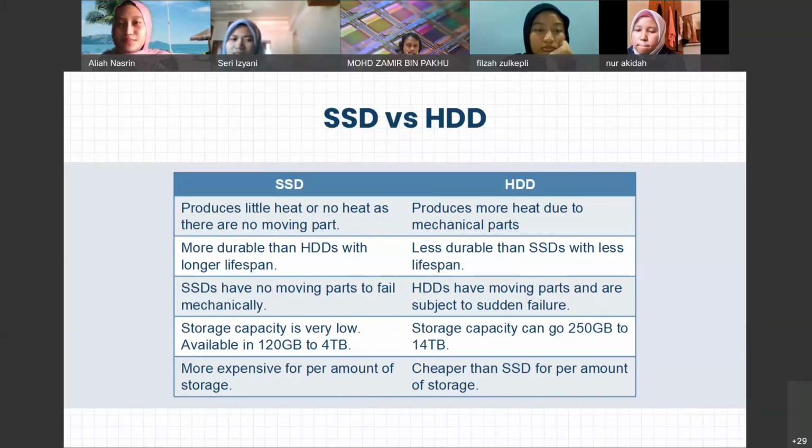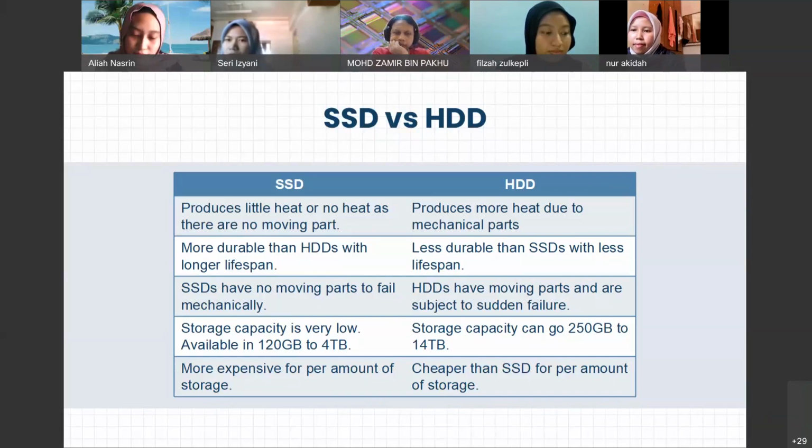The SSD has no moving part to fail mechanically, while the HDD has moving parts and is subject to sudden failure. SSD has a failure rate of less than 0.5%, while the HDD failure rate fluctuates between 2 to 5%.